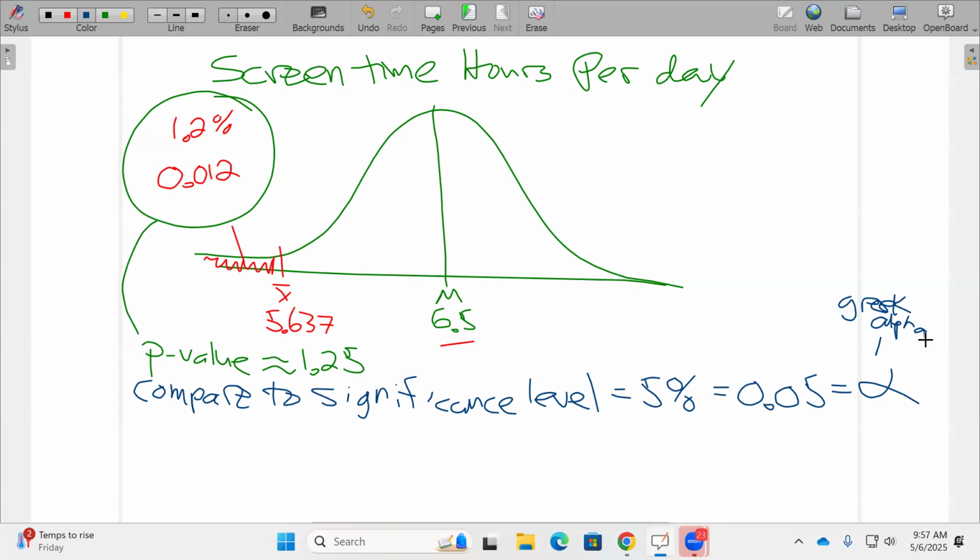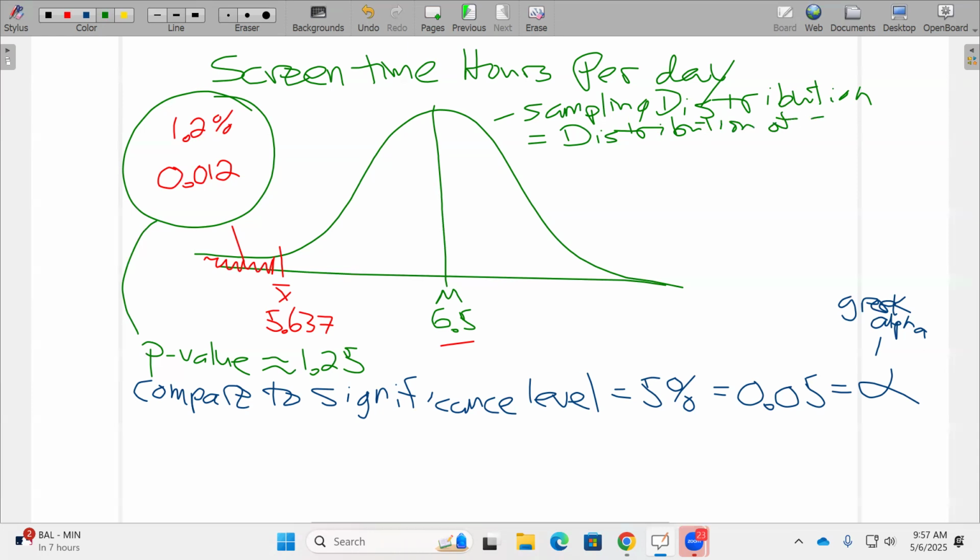We'll get more used to what a p-value means later, it's a little complicated. But the bottom line is to find a p-value, you've got to have a sampling distribution, which is what this is. In this case, a sampling distribution is a distribution of sample means. I think I did like 7,000 similar samples, each of size 61.